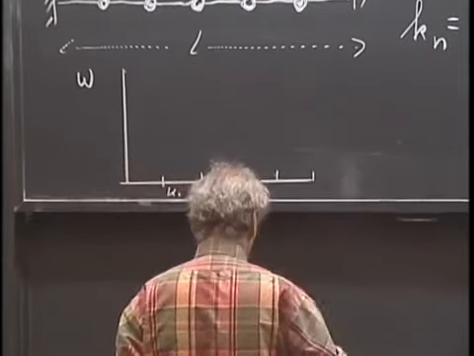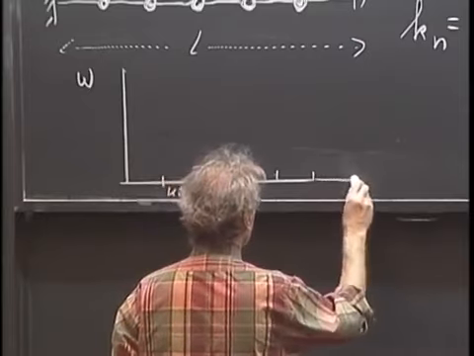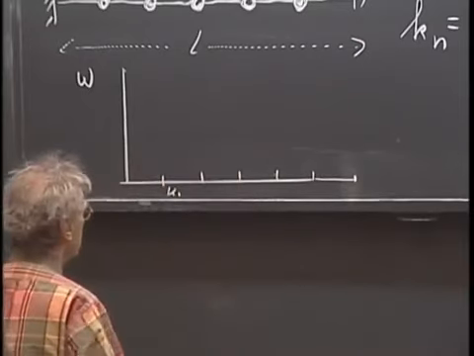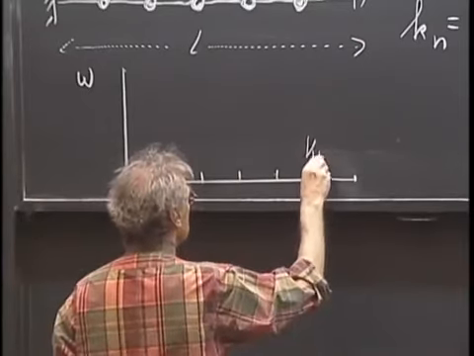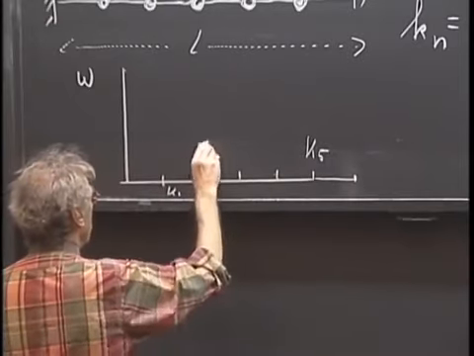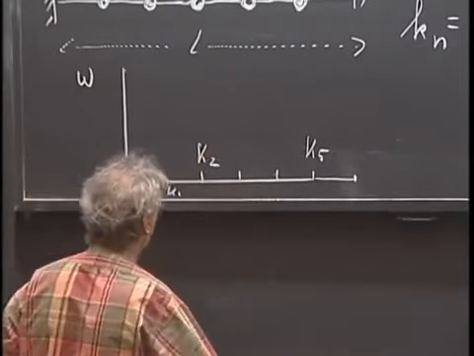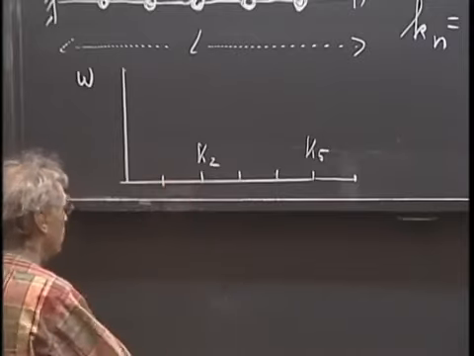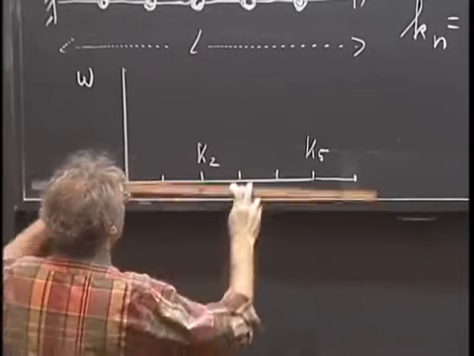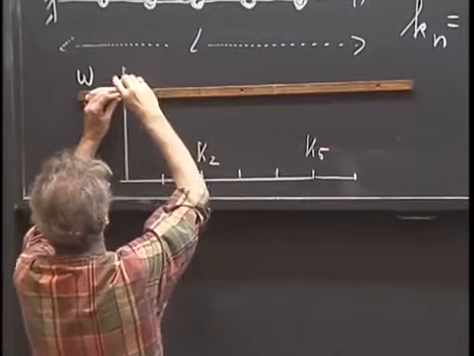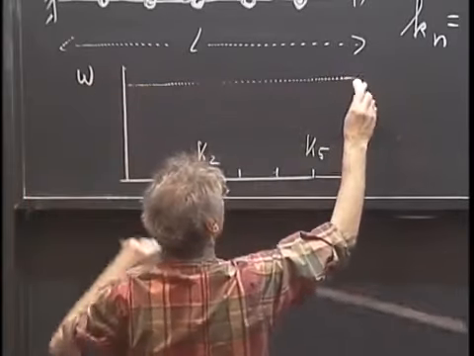And then here is the end of the string. So this value here is k5, and this value here is k2. Those are those normal mode solutions. And so the maximum value that omega can have is then 2 omega 0.